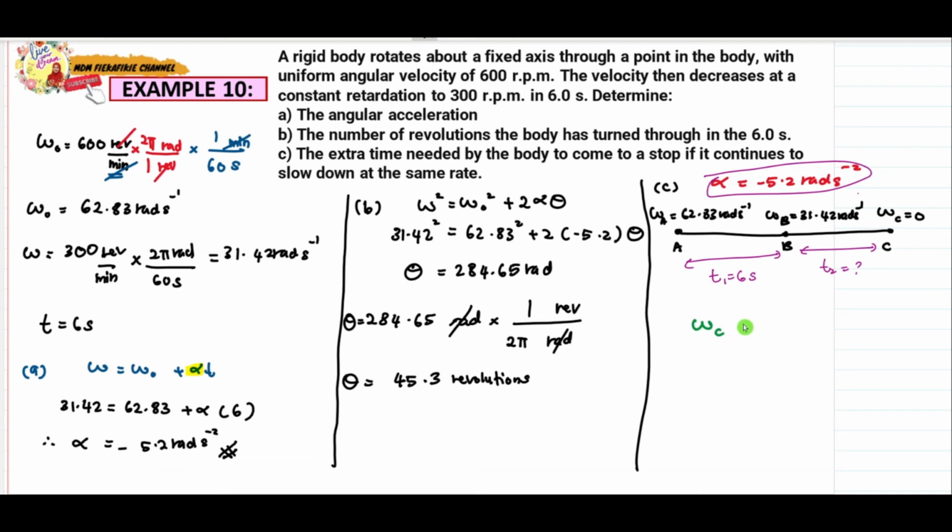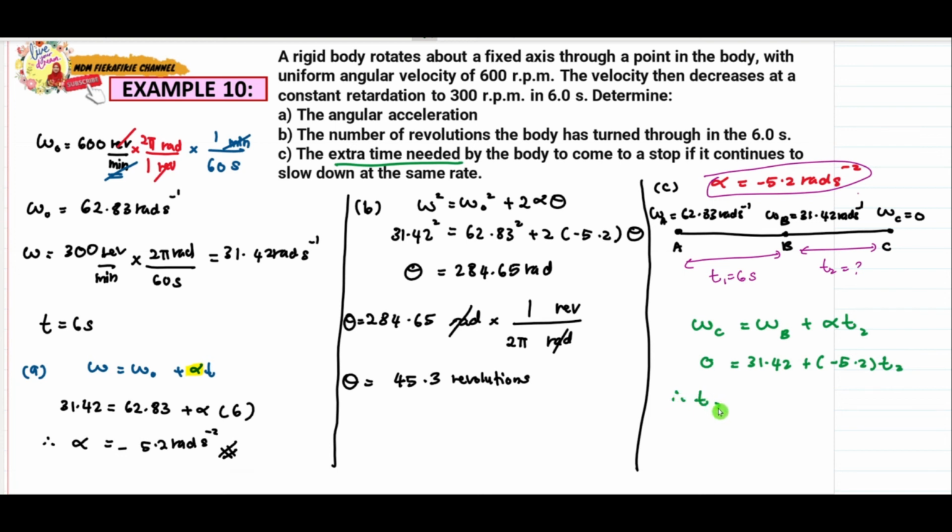So, omega C is equal to omega B initial from B to C. So, omega B plus alpha T2. So, I want to find T2 only. Okay, sebab kita nak cari extra time needed. Berapa lagi masa tambahan diperlukan from B to C sampai di stop dekat point C tadi. Okay, so 0, omega B is 31.42 plus alpha negative 5.2 T2.